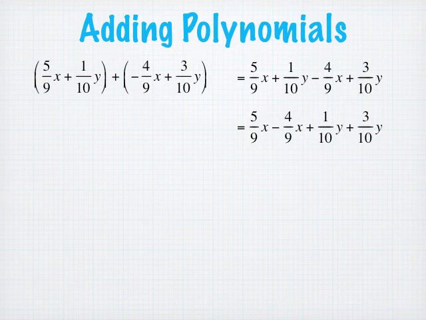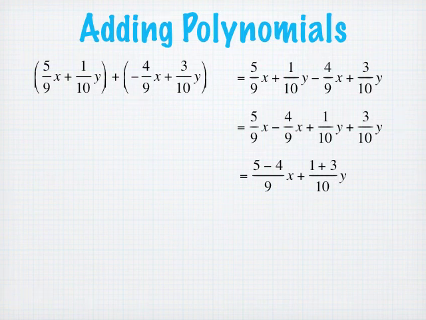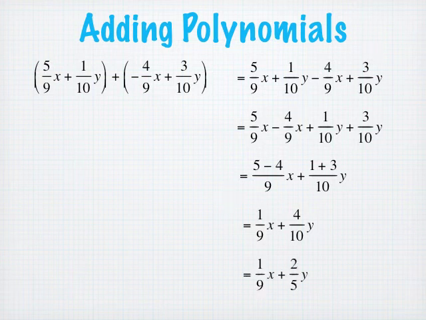So 5/9 x minus 4/9 x, that'll just give me 5/9 minus 4/9, which is 1/9 x. And the 1/10 y plus 3/10 y will give me 4/10 y. You're not quite done. Okay, just simplify that last fraction and then you're done. Can't combine these because they are not like terms.